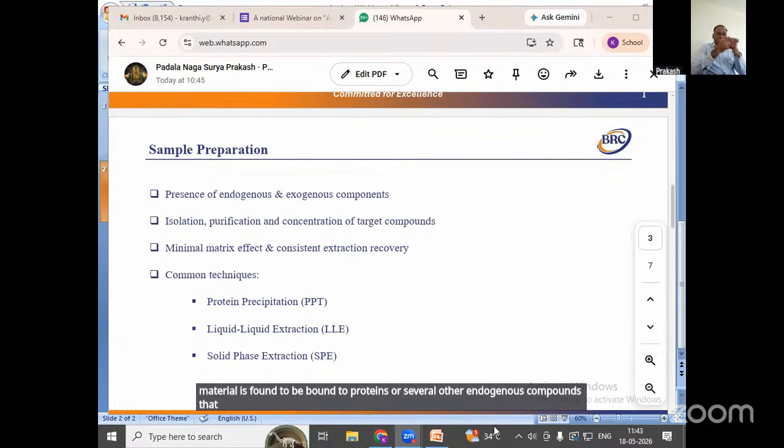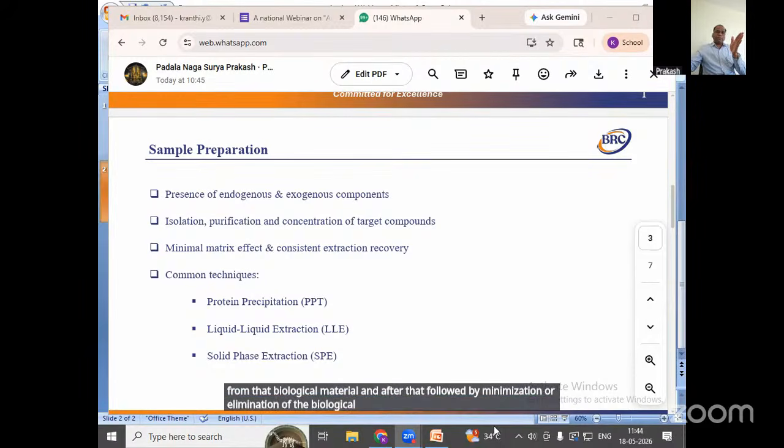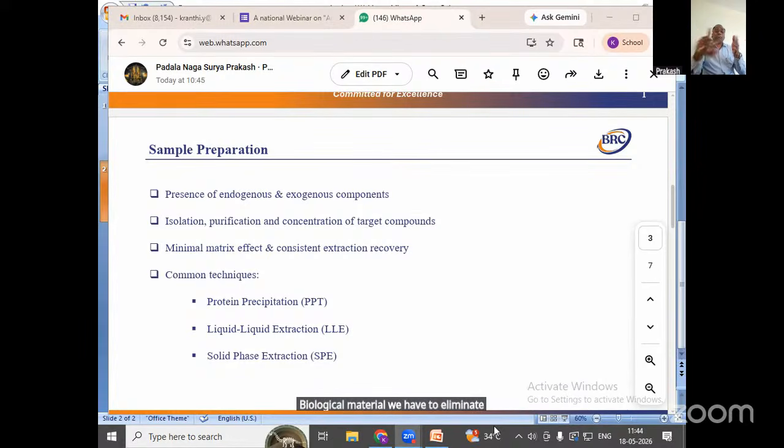So it has to be isolated from that biological material, followed by minimization or elimination of the biological material itself. That is nothing but purification.